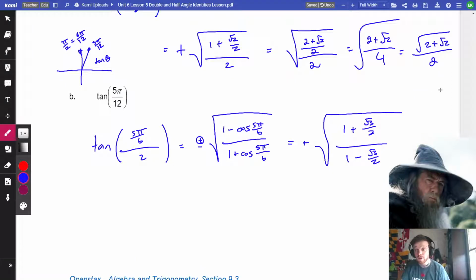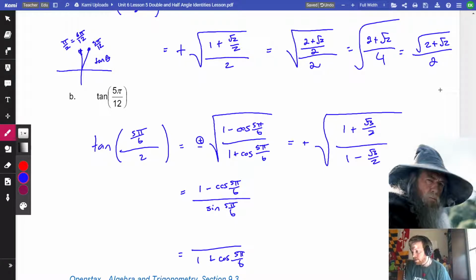We could have used one of the other formulas. So we have 1 minus cosine 5 pi over 6 over the sine of 5 pi over 6. Or we could have used 1 plus cosine 5 pi over 6 underneath sine 5 pi over 6. All three of these are going to give us the same thing.